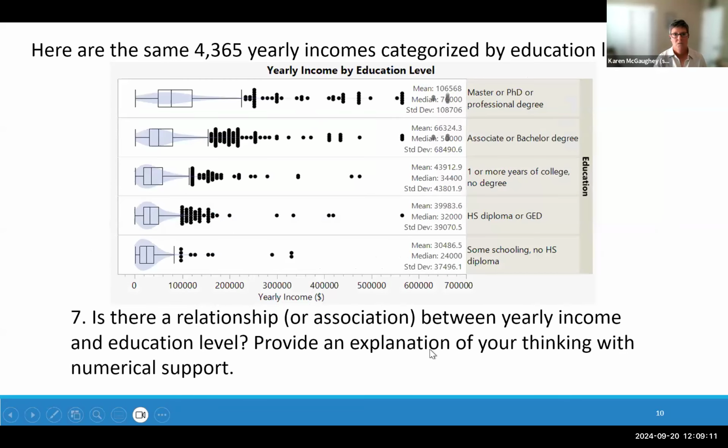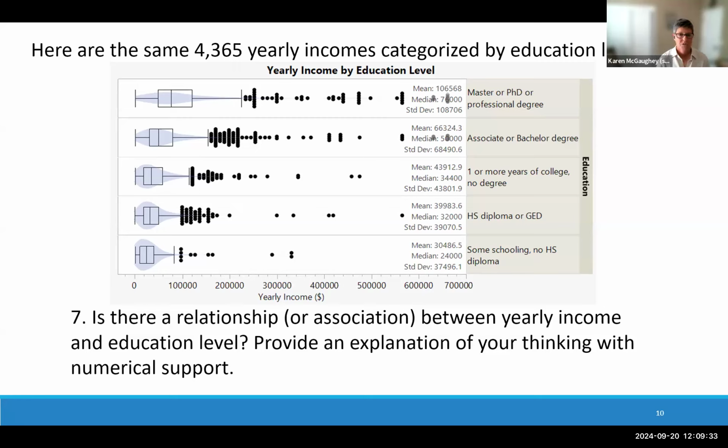So then, let's take one of those sources of variability that they came up with. For example, education, and let's categorize the yearly incomes by education level. I've provided some summary statistics and broken out these people according to 5 different education levels.